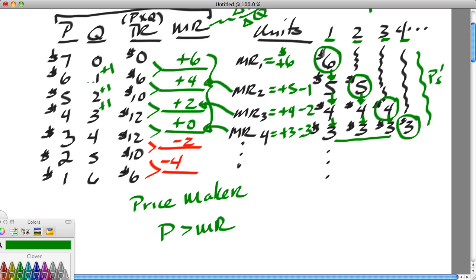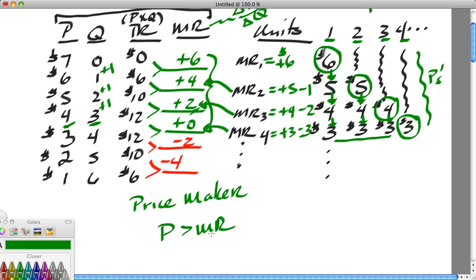We sell the first unit for 6, price is 6, and we get marginal revenue of 6. But for every other unit, price is greater than marginal revenue. For instance, let's look at the third unit. Here's the third unit. We sell the third unit for a price of what? 4. But the third unit only brings in 2.